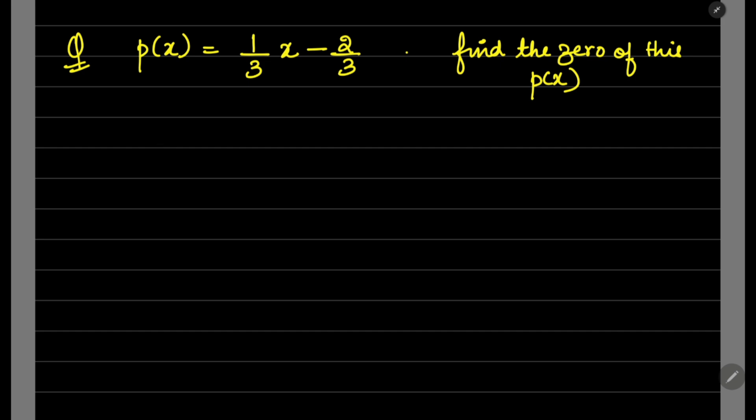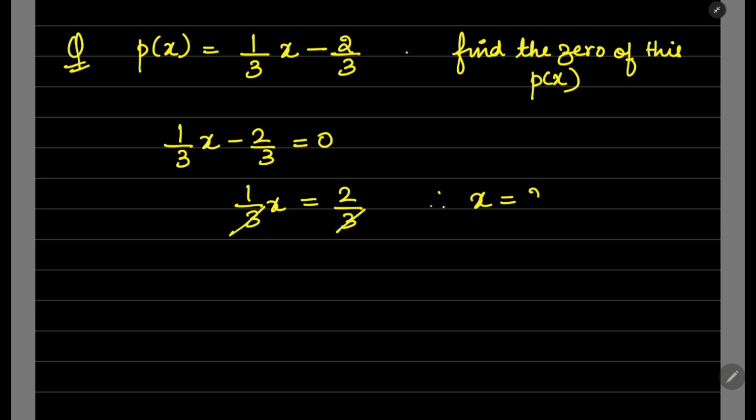How will you do it? Just equate it to 0. So 1 by 3 x minus 2 by 3 equal to 0, which means 1 by 3 x equal to 2 by 3. Divided by 3 gets cancelled. Therefore, x is equal to 2.